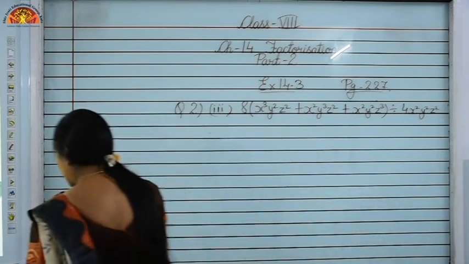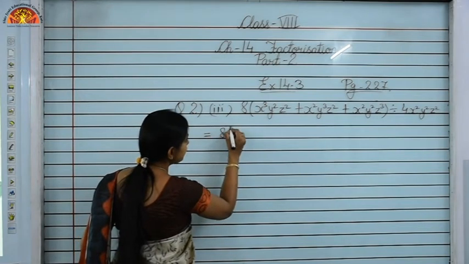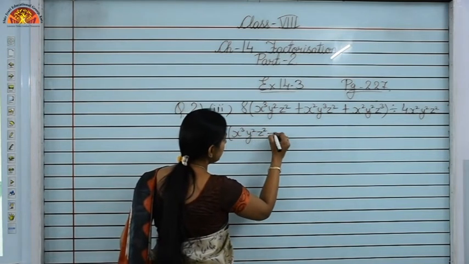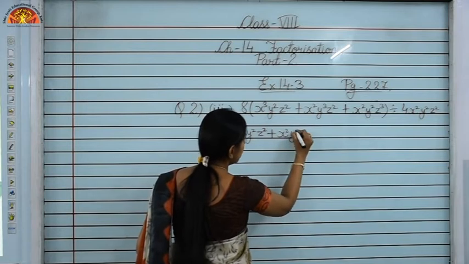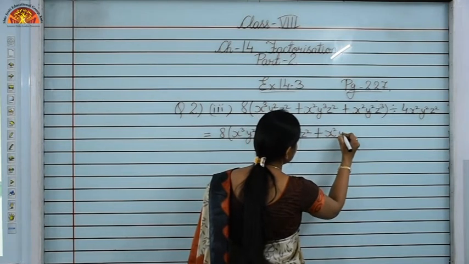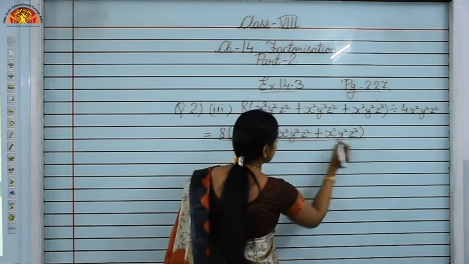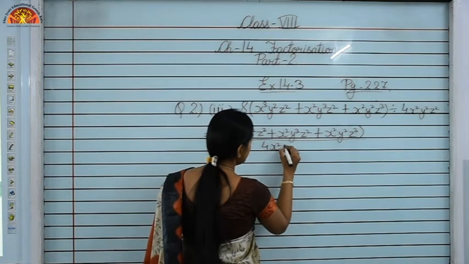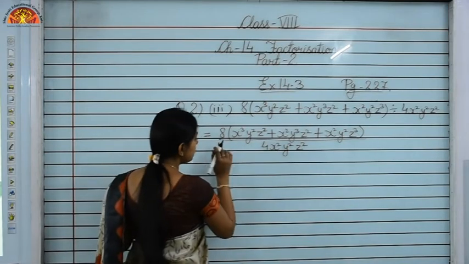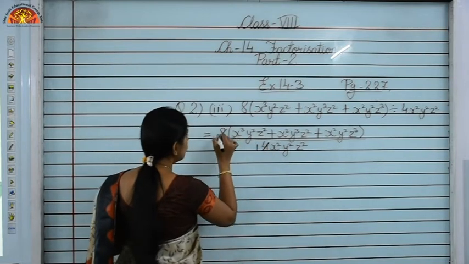Now children, we can again separate the terms. So you can write that is 8 into x cube y square z square plus x square y cube z square plus x square y square z cube whole divided by 4x square y square z square. Okay, now you can just cut here. You can see it is 8 and here it is 4. So 4 ones are 4, 4 twos are 8.